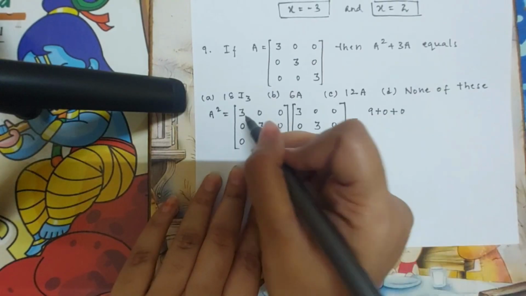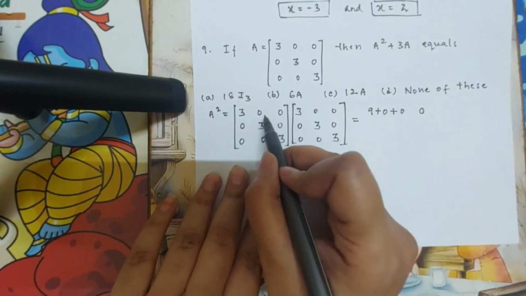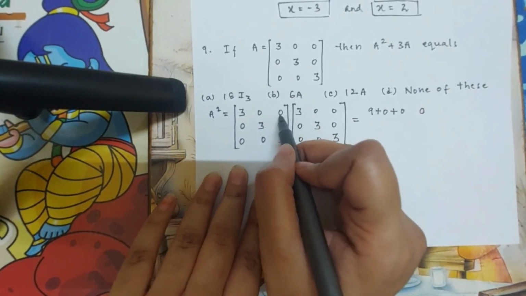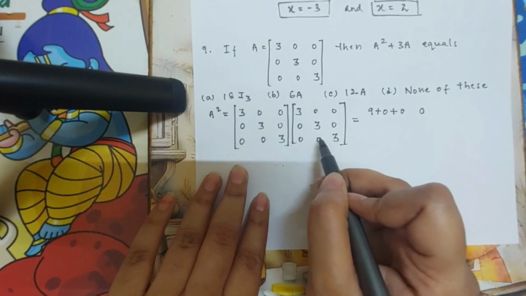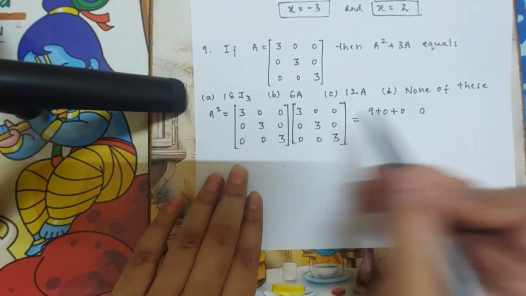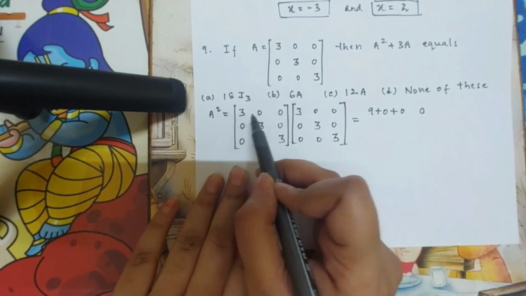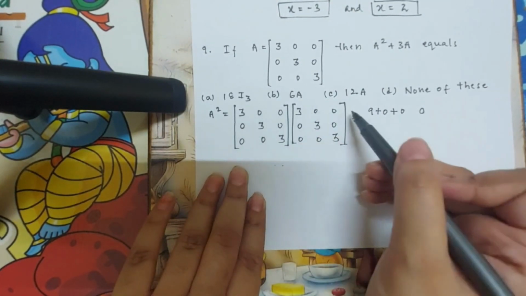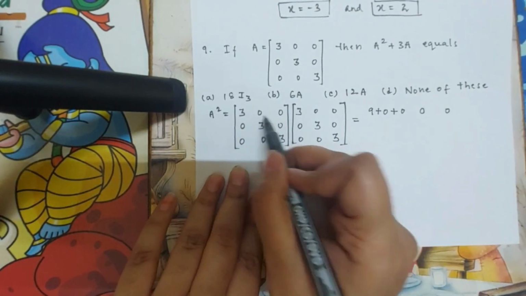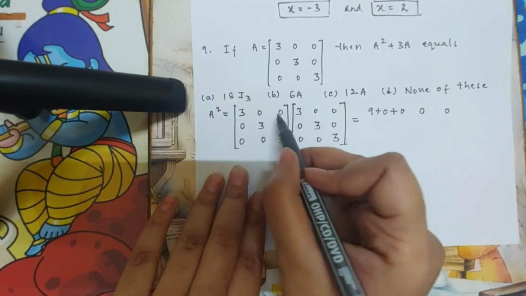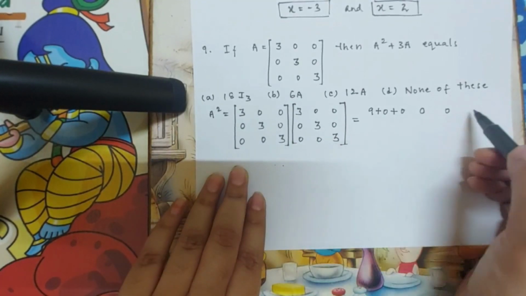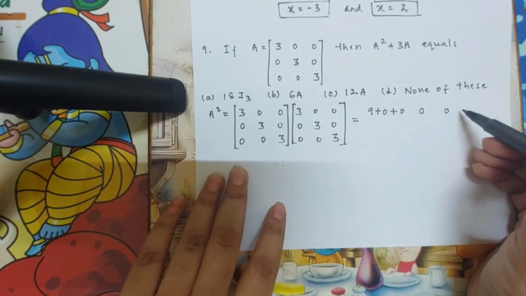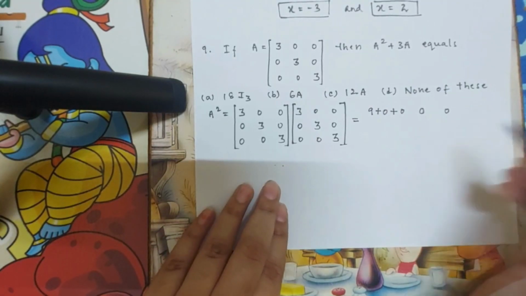So this gives us 3 into 0, 0, again 0 into 3, 0, 0 into 0 is again 0. So for the next element, I'll be considering the first row with the third column. That is 3 into 0 is 0, again 0 into 0 is 0, again 0 into 3 is also 0. So our third element will also be equal to 0.